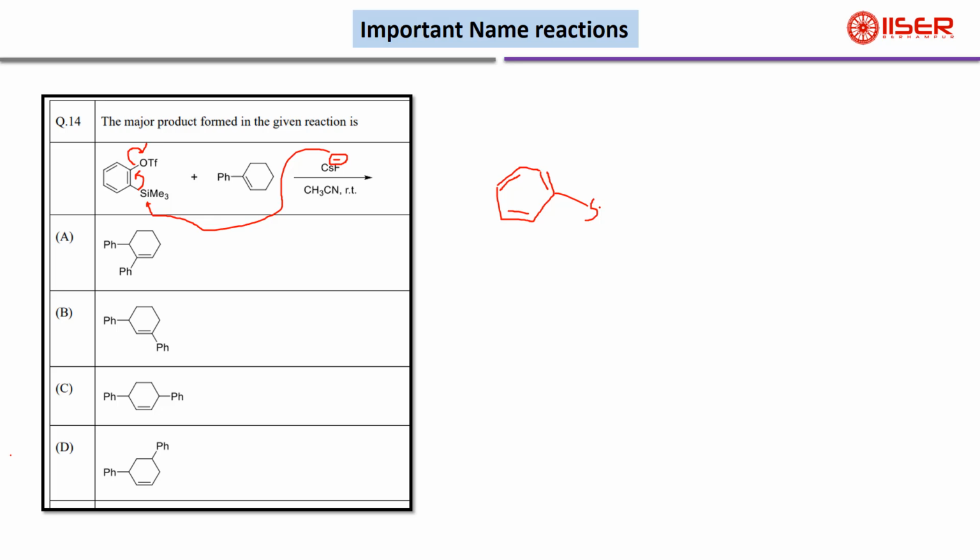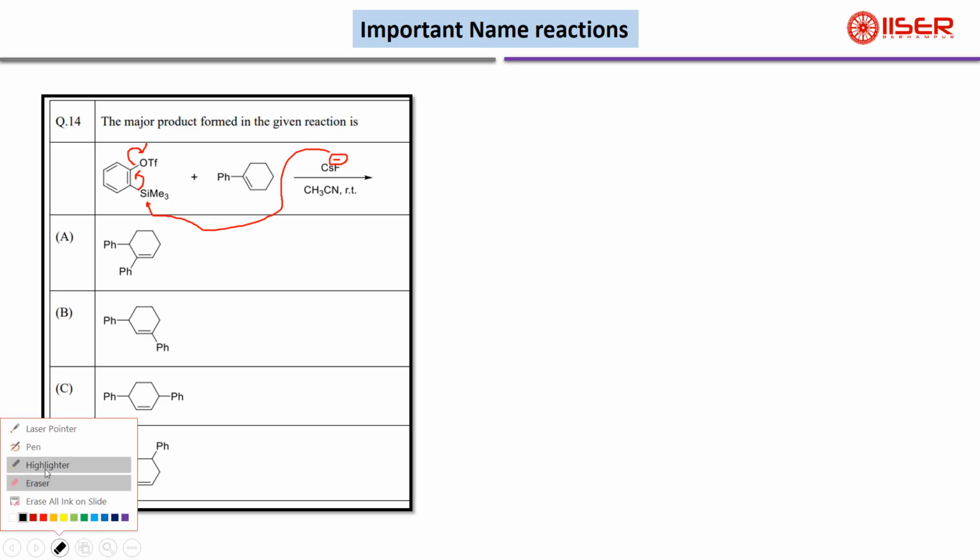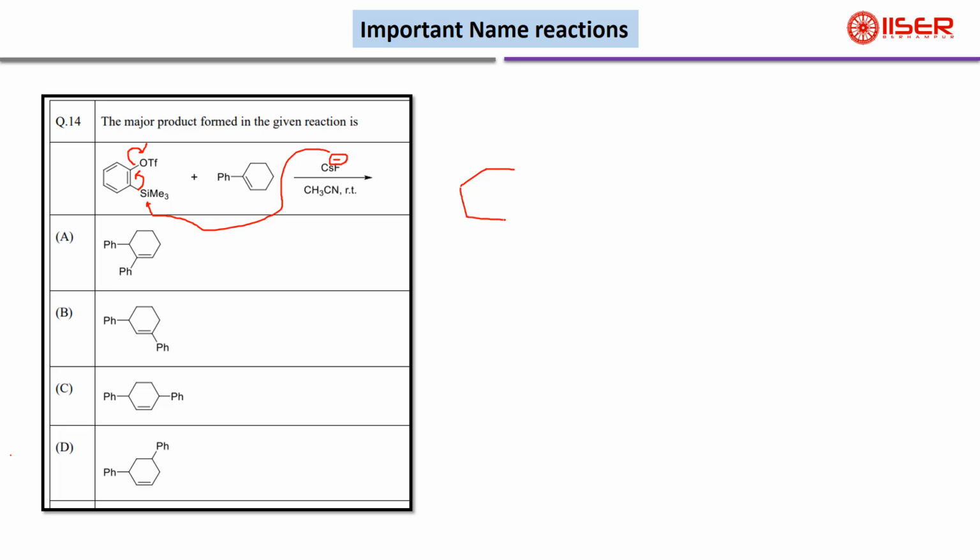So there is a benzylic double bond, so it will act as a nucleophile and attack this, and this will open up.